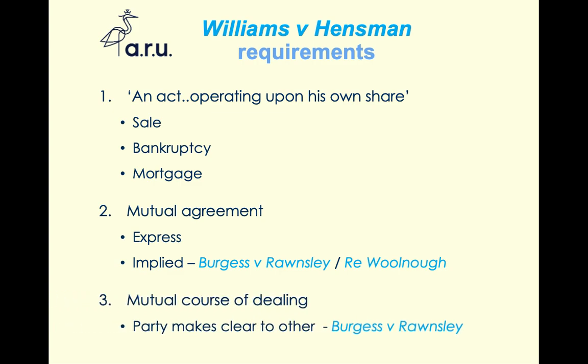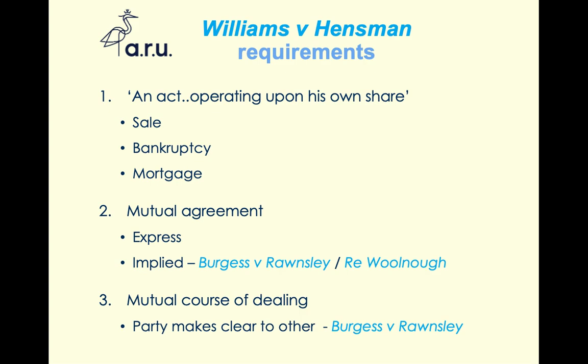A course of dealing is rarely used. It's not particularly helpful. The other two seem to be more helpful. If we're thinking about a course of dealing, we're usually looking at situations where an agreement isn't possible because the parties are in discord, but they're acting in a way that indicates that they are separate from each other and operating outside the brackets.